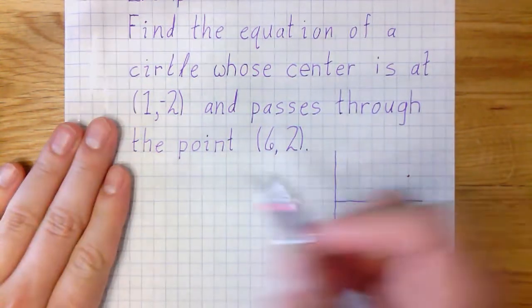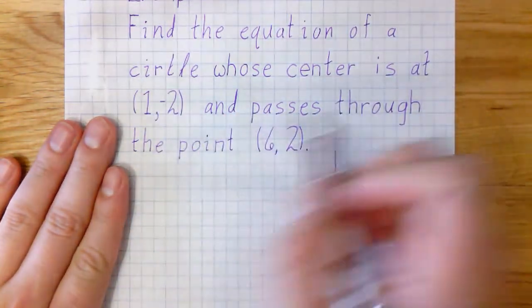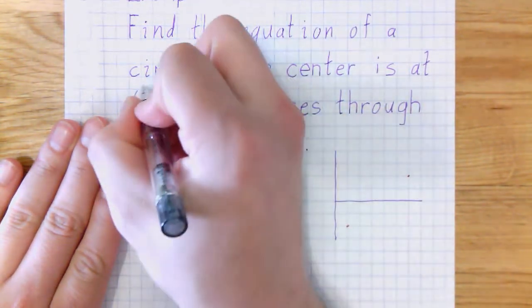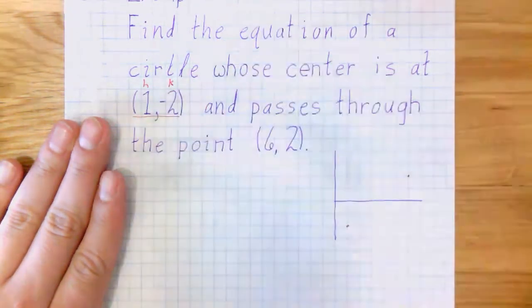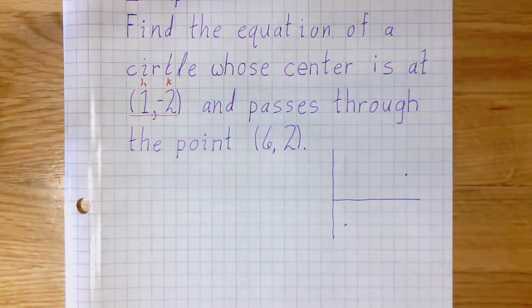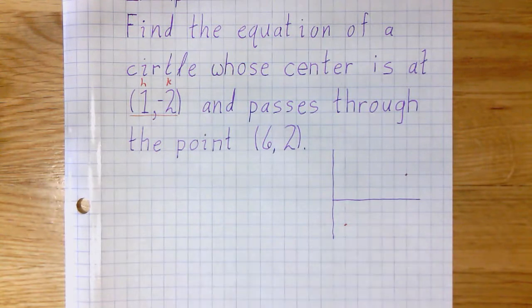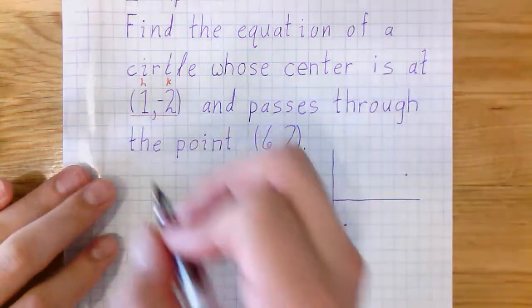All right, so we want to find the equation of a circle whose center, look at that. They just gave me most of the answer. This is H and this is K, right? So we already know most of the equation of our circle, but they didn't tell us the radius, so that's going to be the tricky part. So let's fill in what we know.